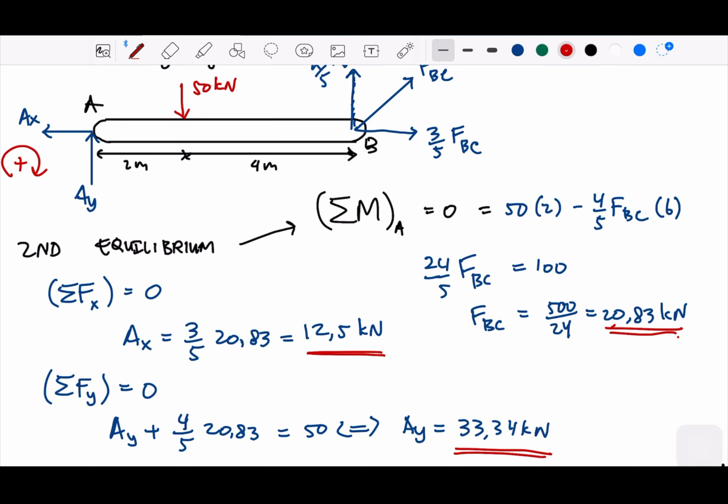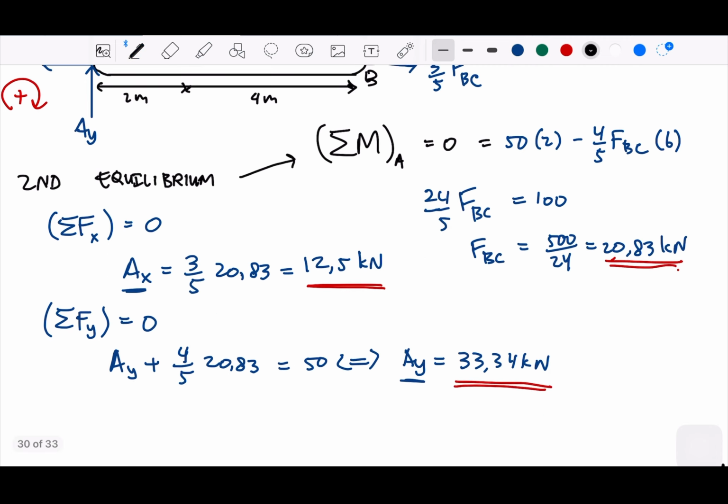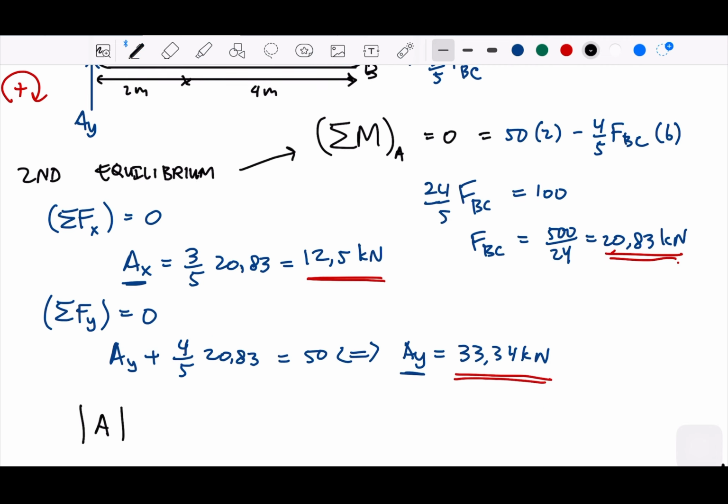Because we have AX and AY, then we can calculate the magnitude of the resultant of AX and AY. Okay. So let me write here that the resultant of the force, like vectors, if you remember the vectors, we can just take the square root of these two numbers squared.